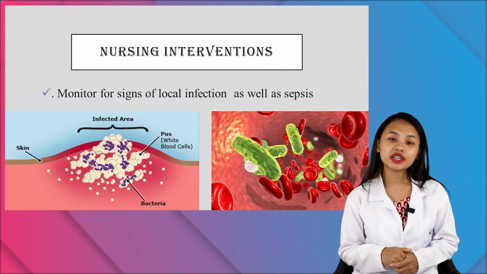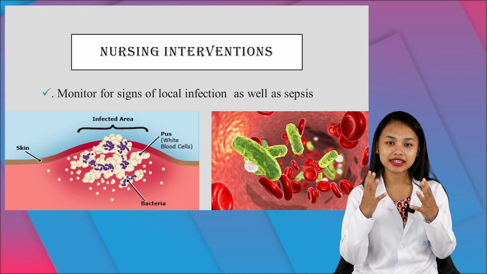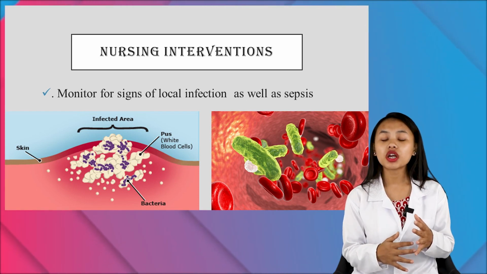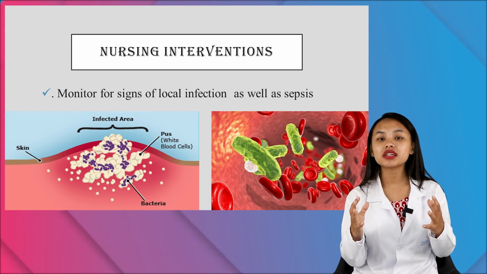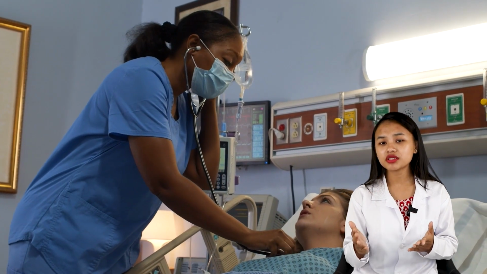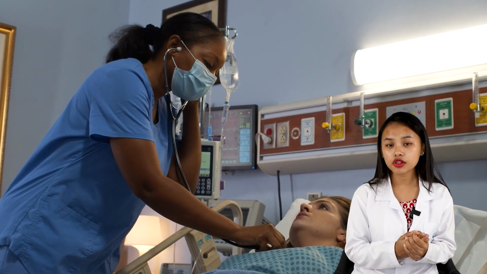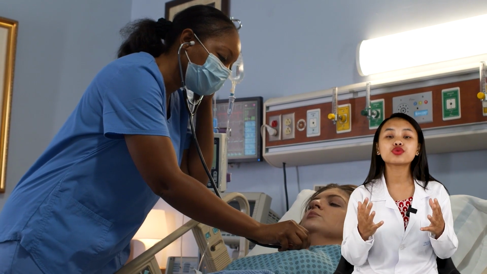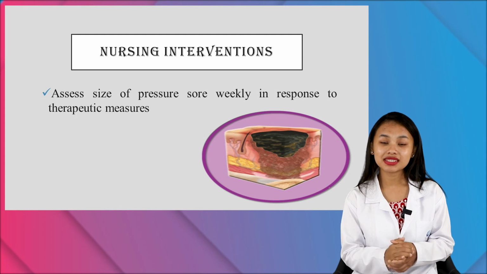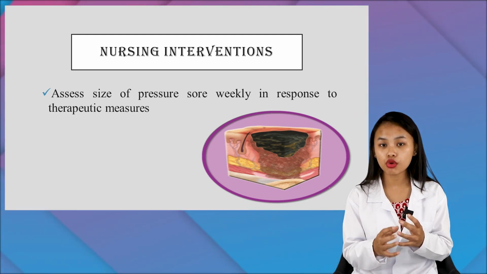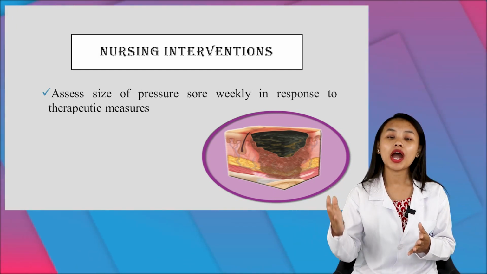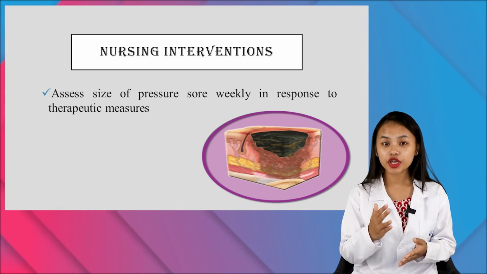Now moving on to the next, which is the nursing intervention. So here as a nurse, when we encounter these patients, it is our responsibility to monitor if there is presence of any signs of local infection as well as sepsis. We must also assess the size of the pressure sore in response to therapeutic interventions which had been done for that patient.